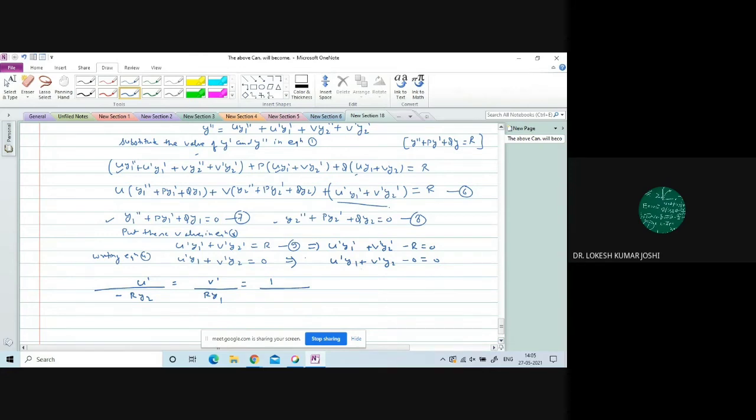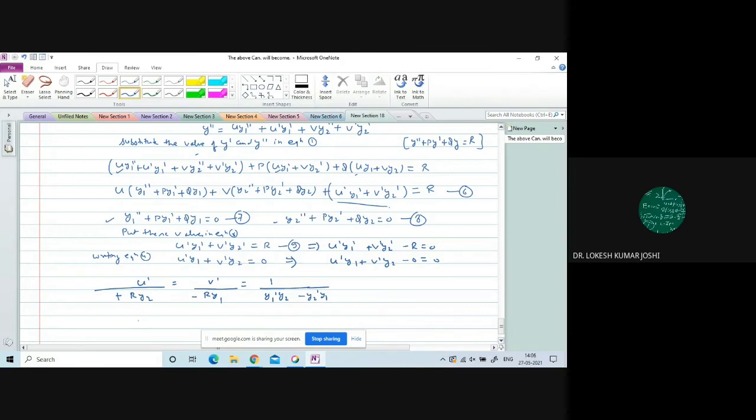And what about this term? This term will be y1 y2 dash minus y2 y1 dash. If we see this term, this one will become minus.